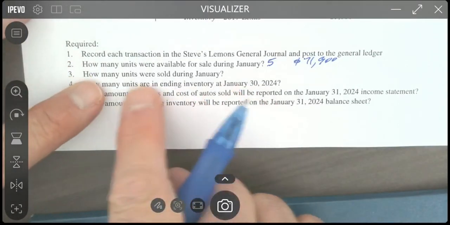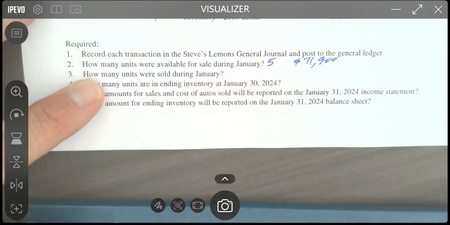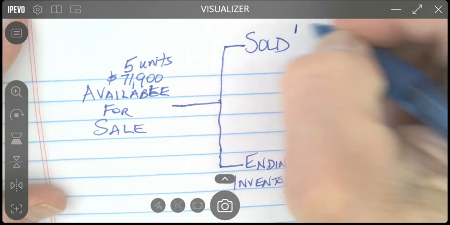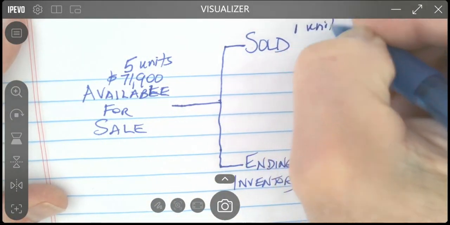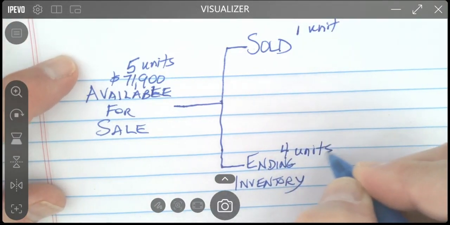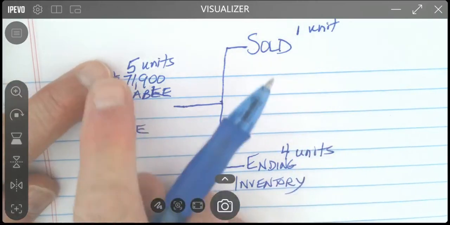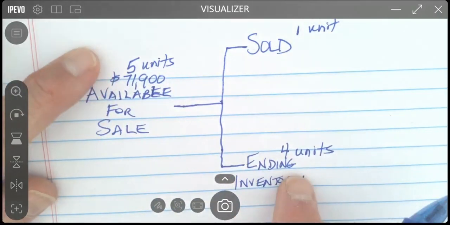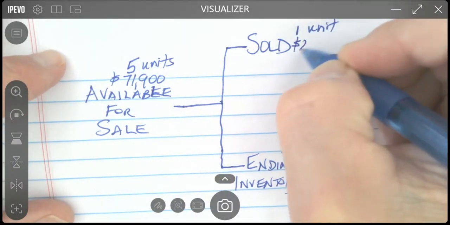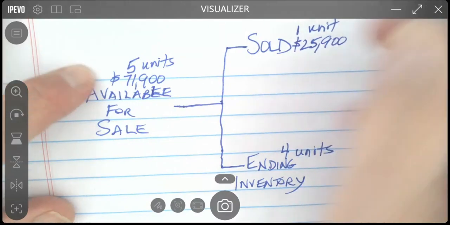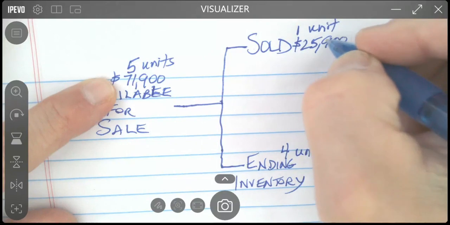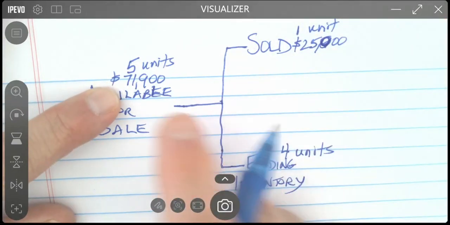Well, so that's the available for sale. Let's continue with our questions. How many units were sold during January? Well, 1 was sold. 1 unit. So that means there better be 4 units in ending inventory, because there's 5 available for sale. We sold 1. We better have 4 left. And the cost of that unit was $25,000.